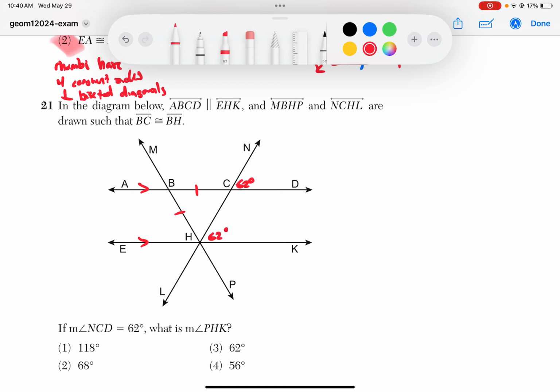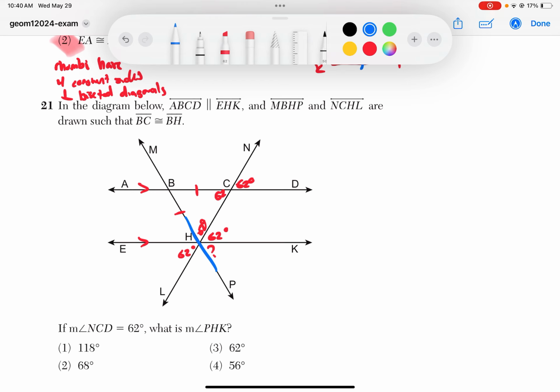Alternate exterior angles, you're 62 degrees. Okay? Vertical angles, you're 62 degrees. Isosceles triangle with congruent base angles, you're 62 degrees. So how do I get to PHK? Well, I see a line here, right?